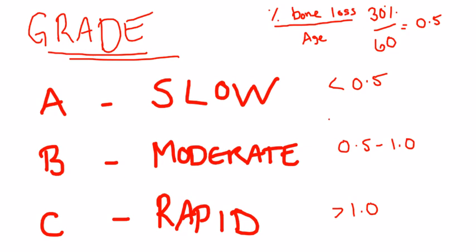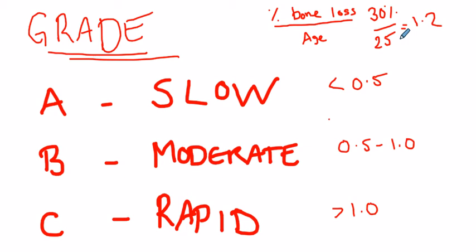Okay, but let's say we have a 25-year-old, so it's less than the number above. Still the same amount of bone loss, it's 30% bone loss, but because of the age, this has now gone up to 1.2, which has gone into rapid.